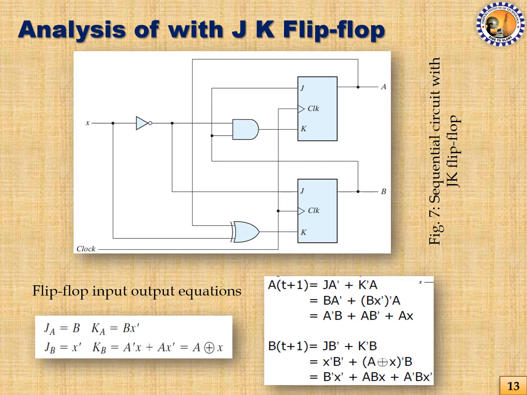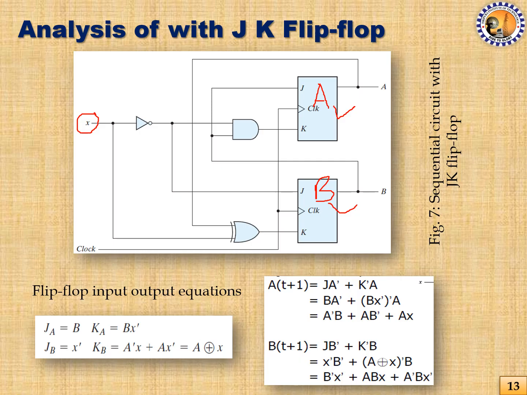Now we are looking at this with a different flip-flop, that is the JK flip-flop, in this example. This is flip-flop A, and this is flip-flop B. Over here, as you can see, there is again input X, and it does not have an output combinational logic.